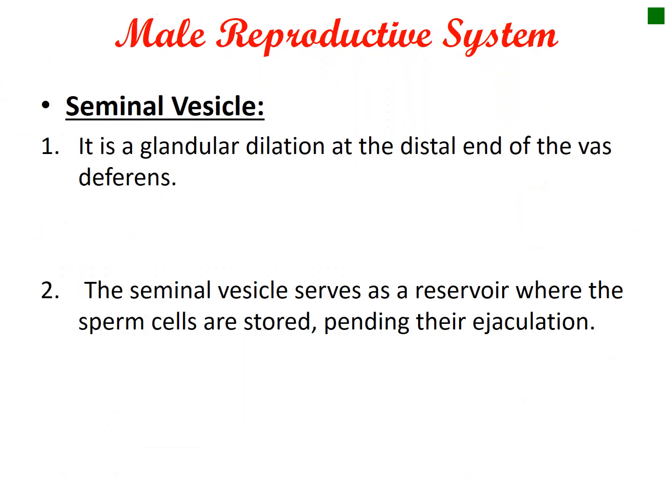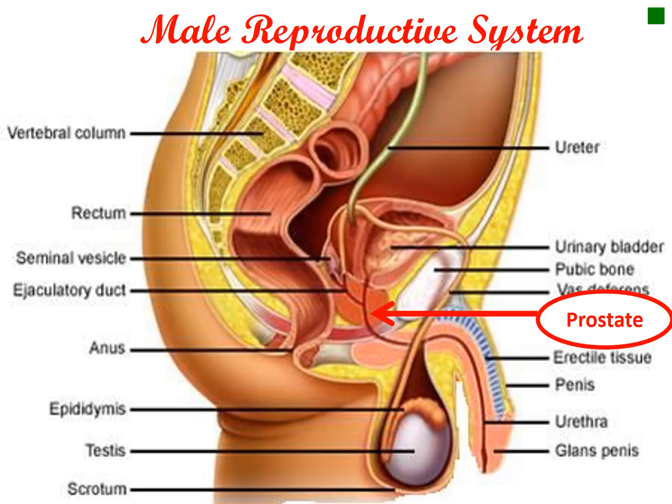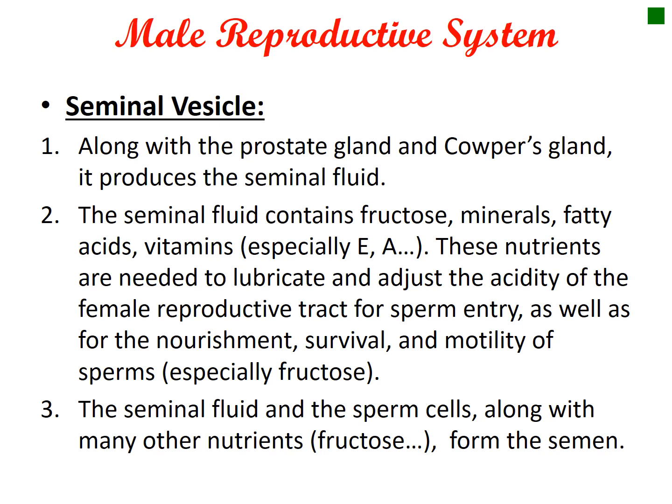Fourth in the pathway, we have the seminal vesicles. It's a gradual dilation of the distal end of the vas deferens. The seminal vesicle serves as a reservoir where the sperm cells are stored pending their ejaculation. We have the prostate gland. Along with the prostate gland and Cowper's gland, the seminal vesicle produces the seminal fluid. It contains sugar, which is fructose, minerals, fatty acids, and vitamins.